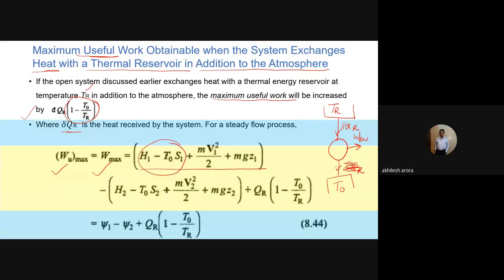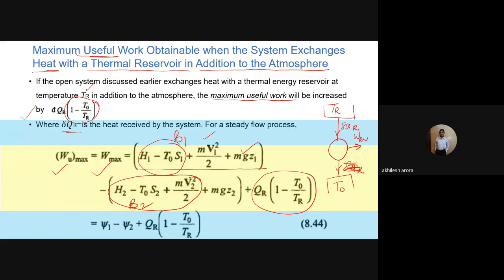This was known as B1, and this was known as B2, the Keenan function, plus the kinetic energy term plus the potential energy term. This additional work comes into the picture because the system is exchanging heat with the thermal reservoir in addition to the atmosphere.